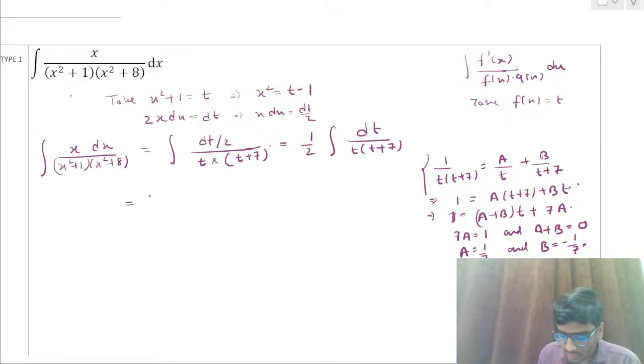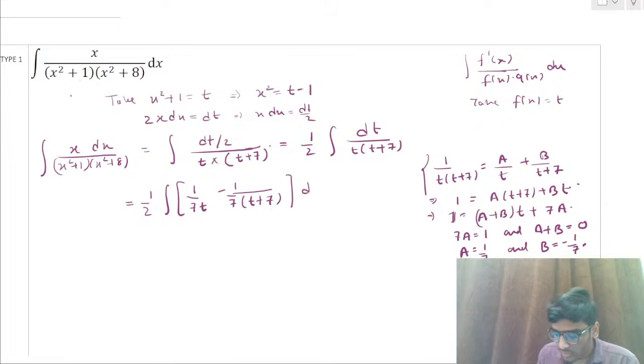Okay, so this integral becomes integration of, now we replace 1 upon t(t plus 7) as 1 by 7 times 1 upon t minus 1 by 7 times 1 upon t plus 7. We get 1 by 2 integral of 1 by 7 integration of dt by t minus 1 by 7 integration of 1 upon t plus 7.